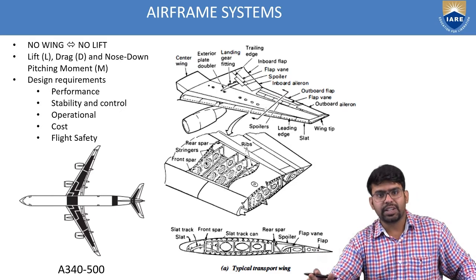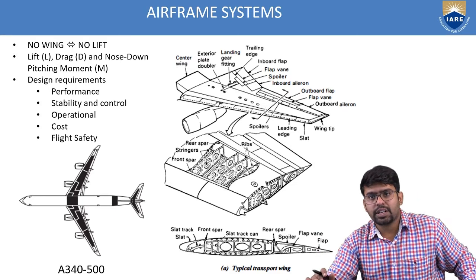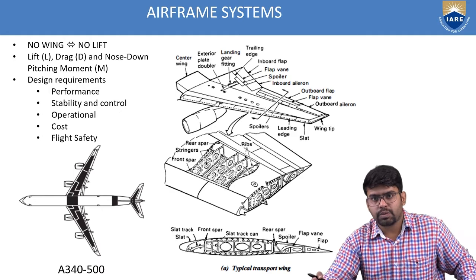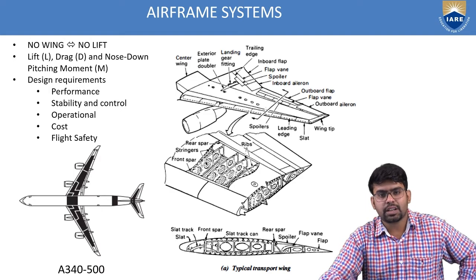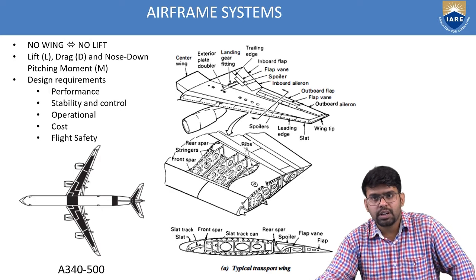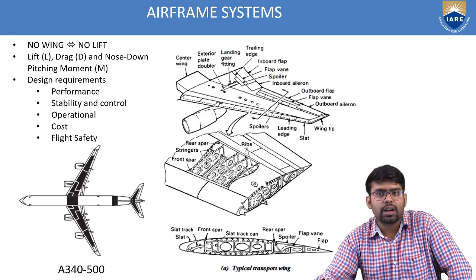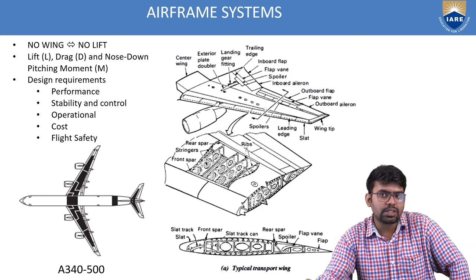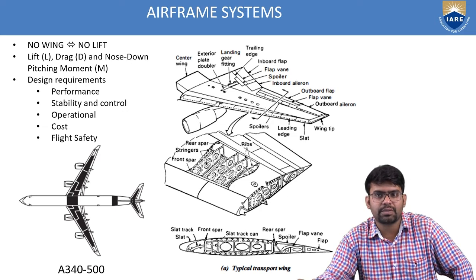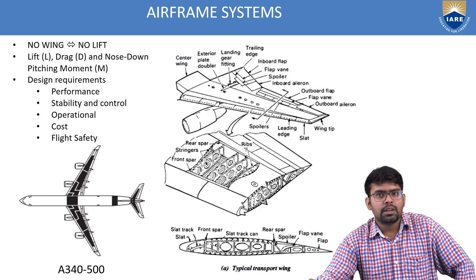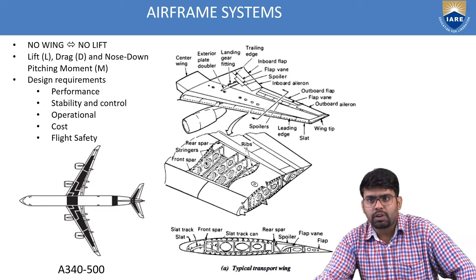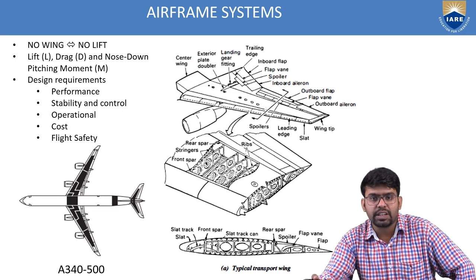So an aircraft system requires different design requirements. These are related to performance, stability and control, operational, cost, and also flight safety. Operational and cost are most probably the least affected factors. But the factors that influence wing design more are performance, stability, and flight safety.